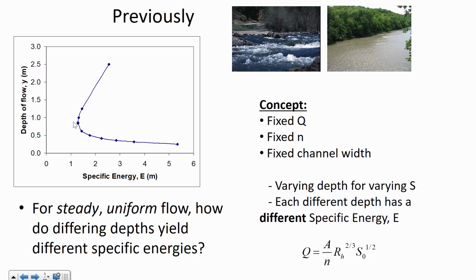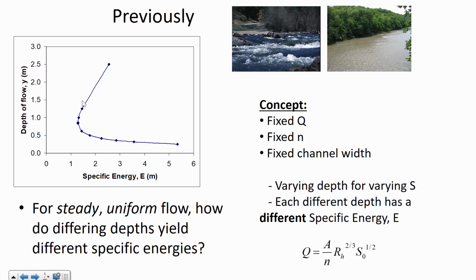So in this figure, it looks like the critical depth is around 0.86 meters. So what if the flow depth that we're actually observing is 1 meter? Are conditions critical, subcritical, or supercritical if the actual observed flow depth is greater than the critical depth? That's right. It's subcritical.